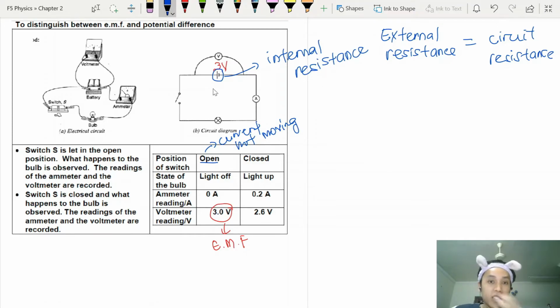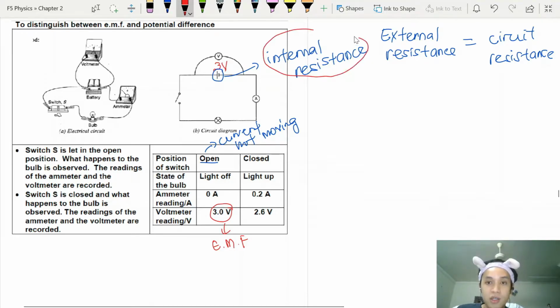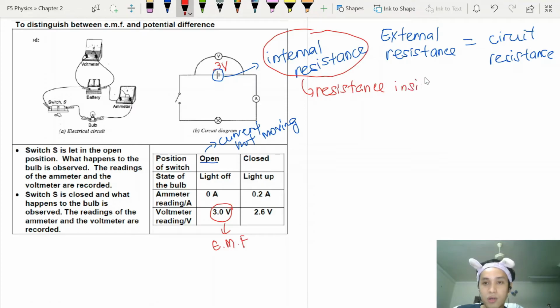Meaning the resistance that you can find on the circuit. And then another one is the internal resistance. This term is referring to resistance inside the source or electrical component.